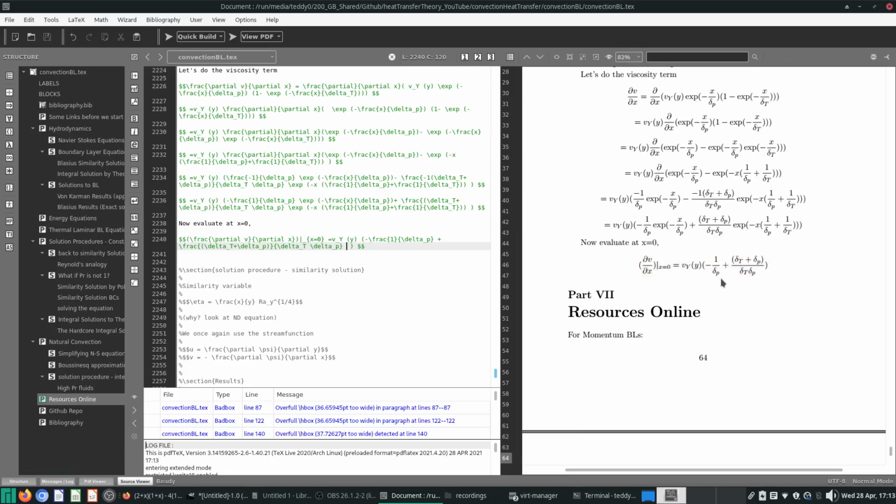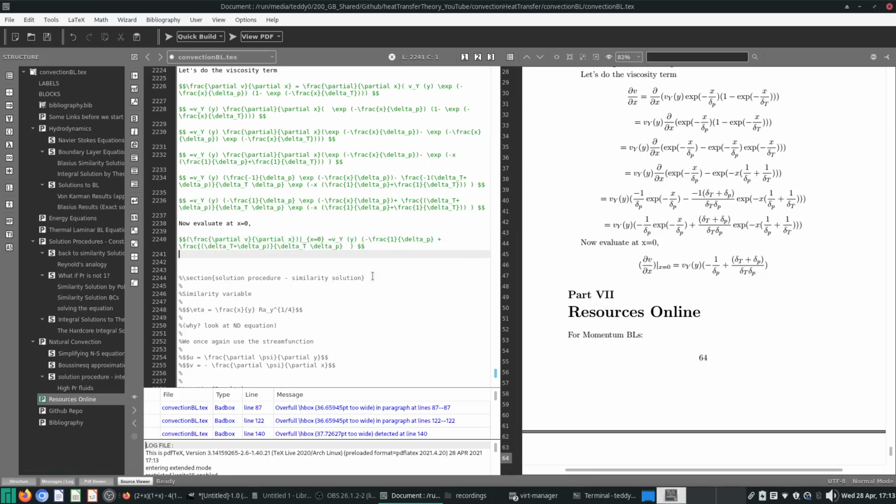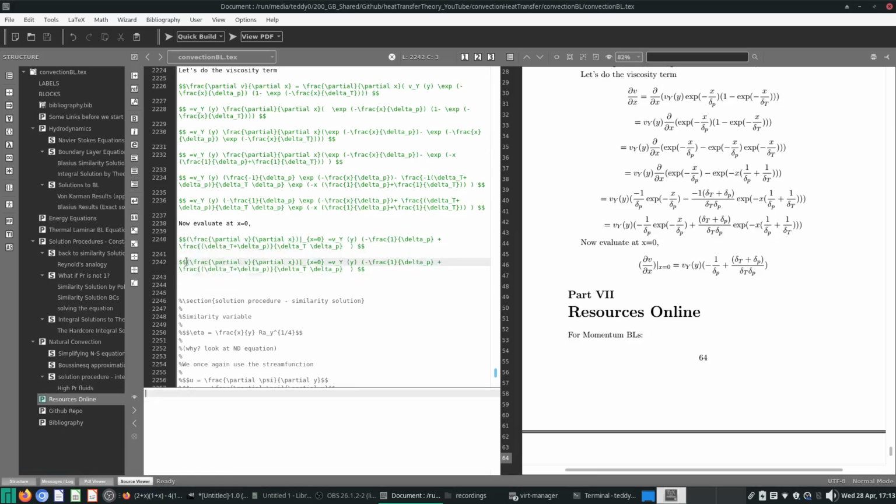So how do we deal with this? For the second term, I'm going to try dividing the top and bottom by delta p, so that we can get our 1 plus q form.